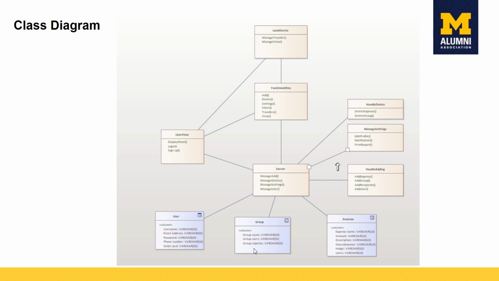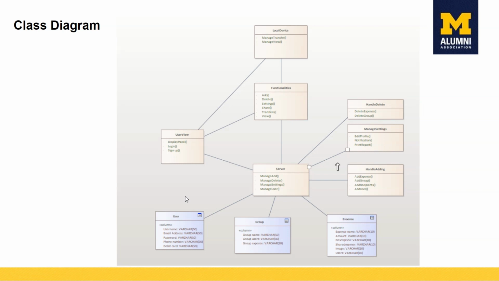What expenses are related to that group and what users are related to that group as well. And for the expense, it's gonna have the name, the amount, the description, shared manner, and image, as well as users. So we can have an expense and related multiple users to it. It's not only for the group.